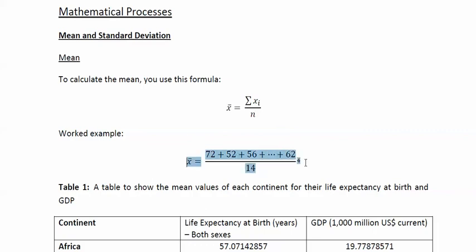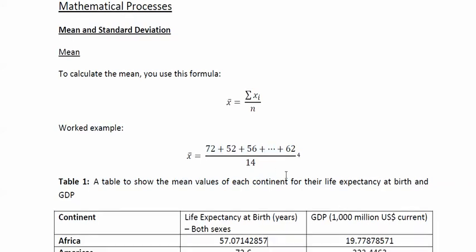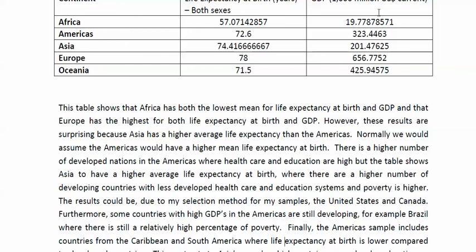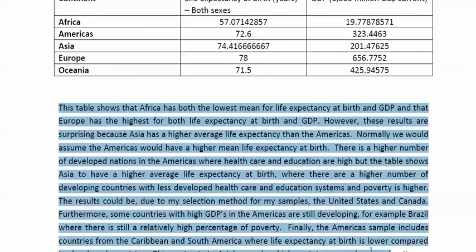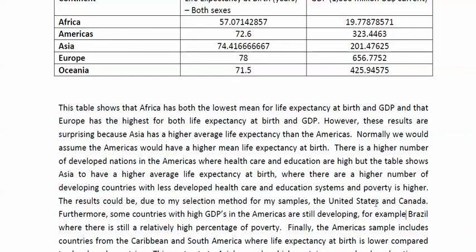He's calculated the mean several times, but he's given one example, which is okay. And there's the data summed up in a nice neat table, and then directly below it he's analyzed it. So this is a detailed description and analysis.